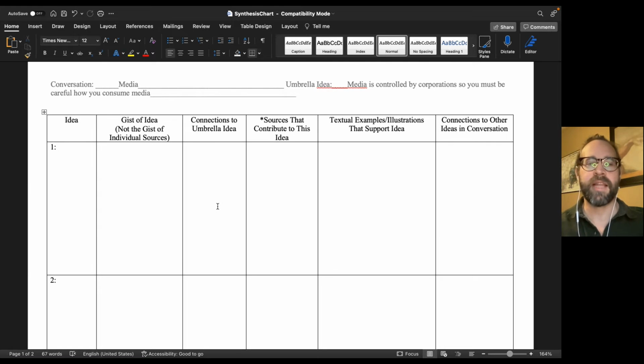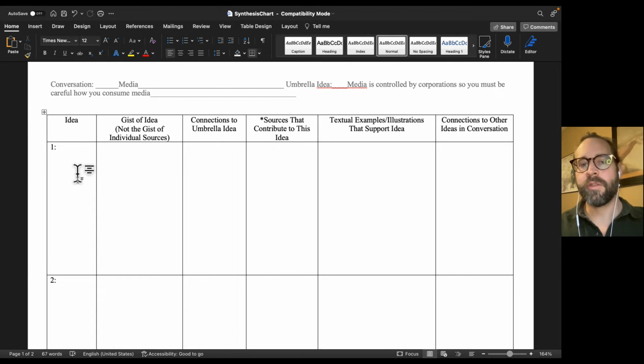The reason being that's limited. It's not giving you the chance to really show the depth of connections between your ideas. It's not going to give you the level of depth that you need for this synthesis. A lot of first year writers do tend to fall into that pattern of organization, but do not do that.